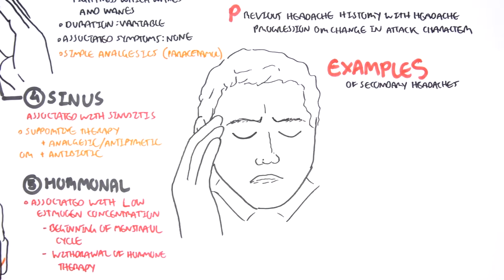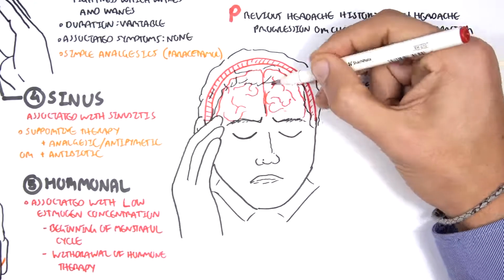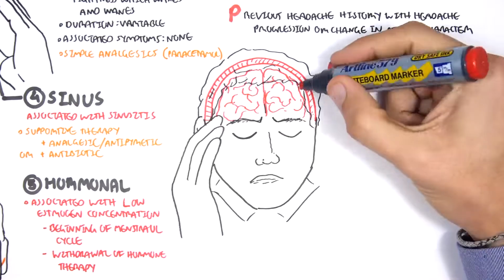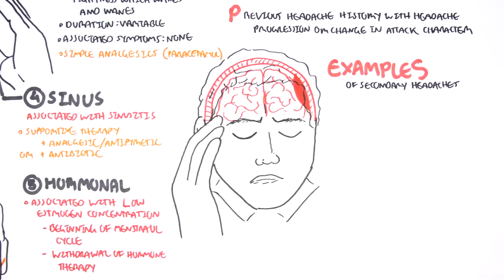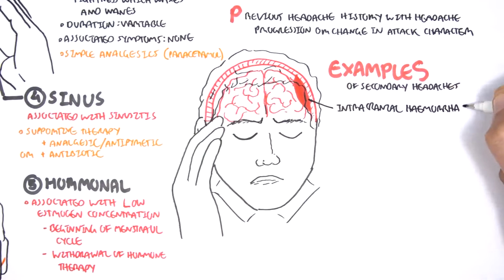So here I am drawing a person who has a very serious headache. Examples of secondary headaches include intracranial hemorrhage, and this can include subdural, epidural, or subarachnoid hemorrhage. Of course, these people can present with some neurological problems, as well as complaining that the onset was thunderclap.